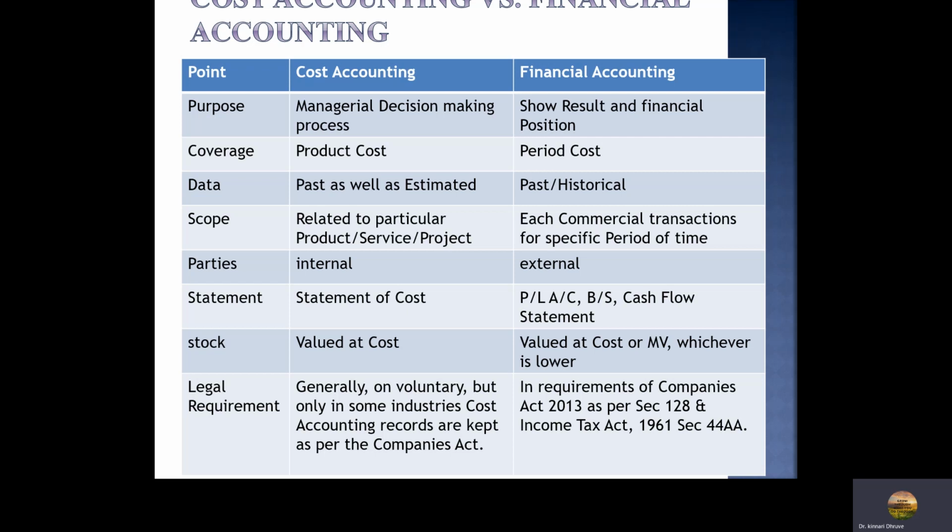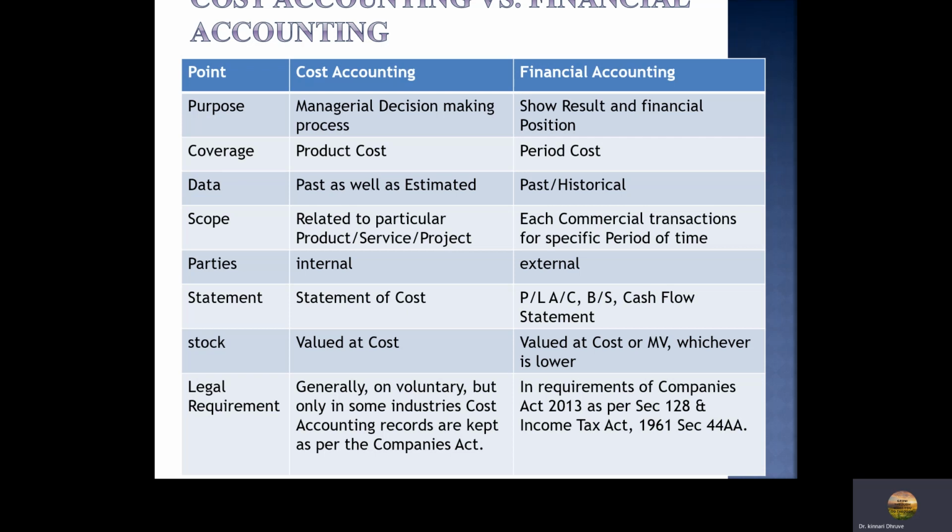Cost accounting uses past as well as estimated data, while financial accounting only deals with historical data. The scope of cost accounting is rather narrow because it is related to a particular product, service and project, while financial accounting includes every commercial transaction for a specific period of time.